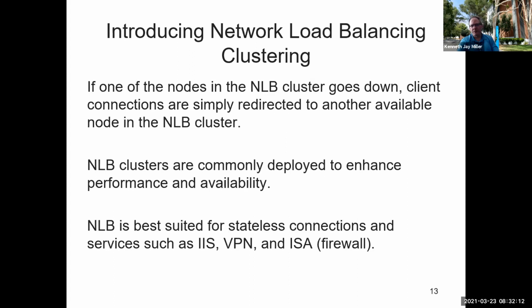Now, if one of the nodes in the network load balancing cluster goes down, client connections are simply redirected to another available node in the cluster. So if you're in line at McDonald's and they're doing a network load balance, and that person flips their sign and says this station is now closed, you just move over to whoever's open, the next available service.